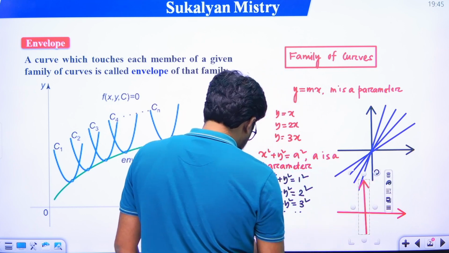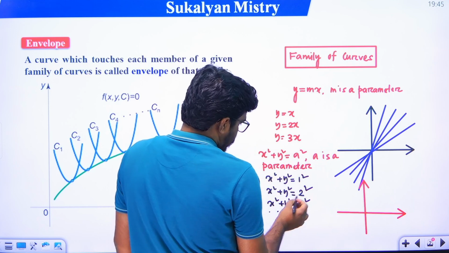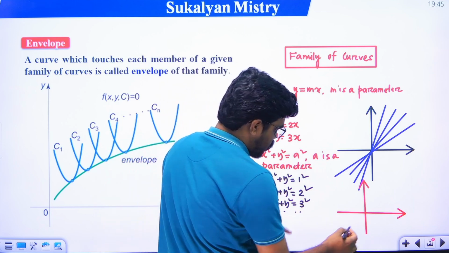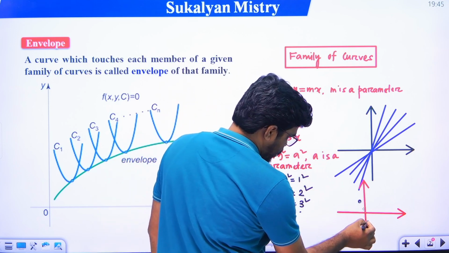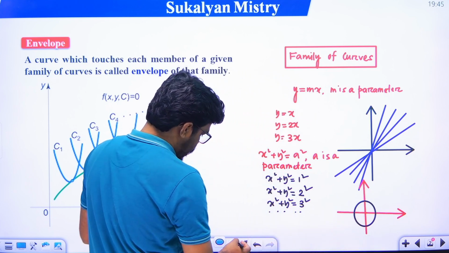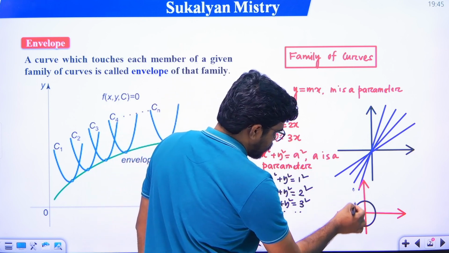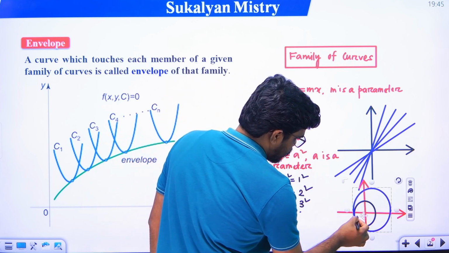So x square plus y square is equal to 1 square is a circle with center at the origin. X square plus y square is equal to 2 square, that is, radius is 2.